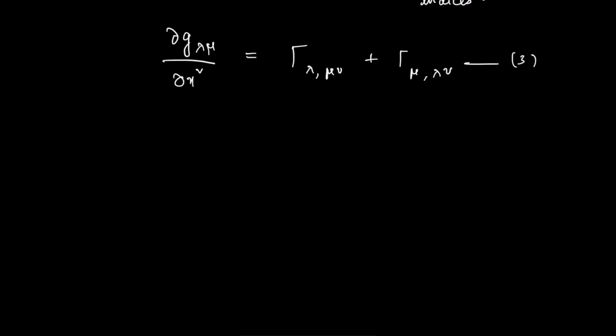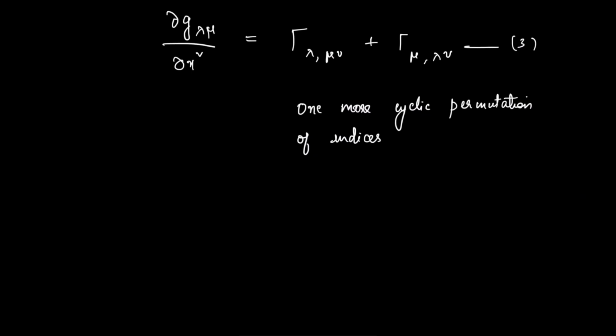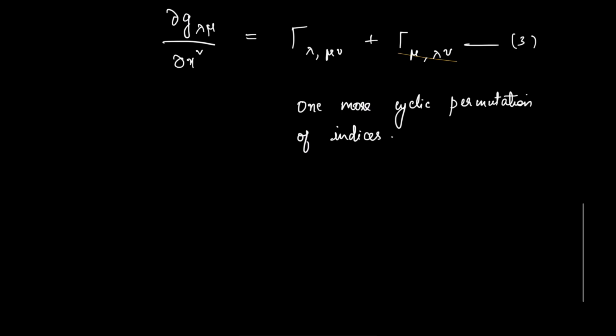Now I am going to do one more cyclic permutation of indices. So again here, lambda will go to nu, and mu will go to lambda, nu will go to mu.